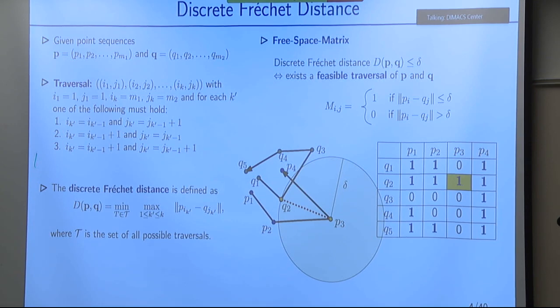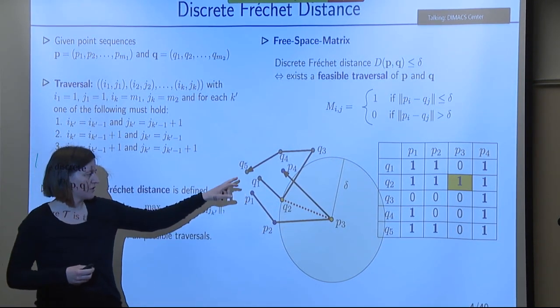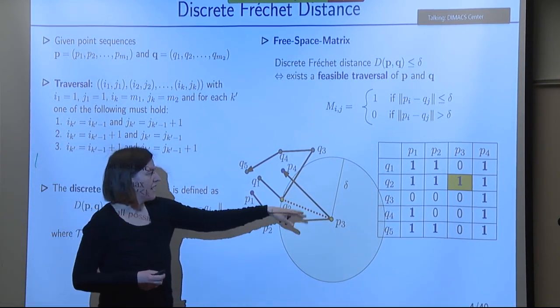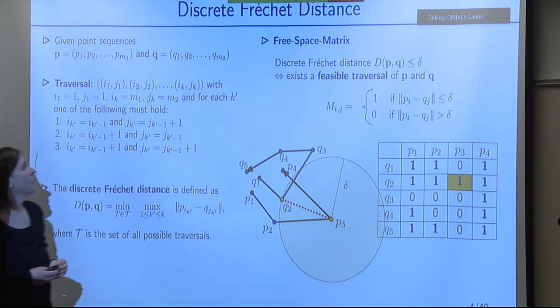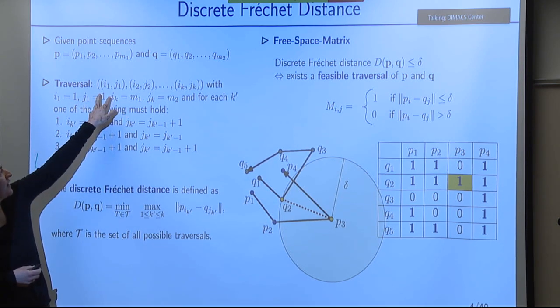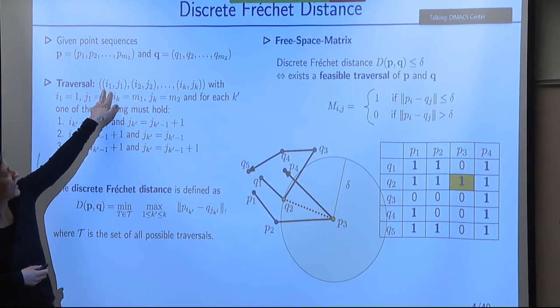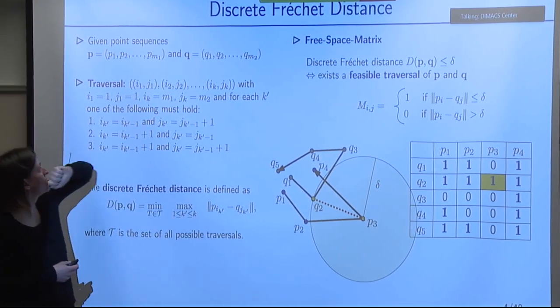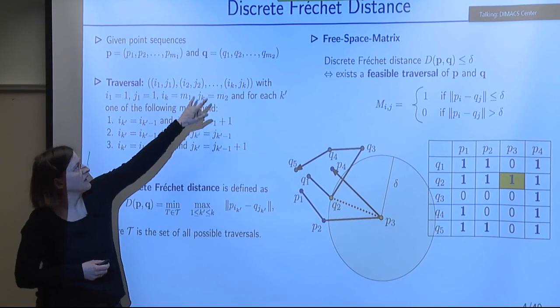Here we're not looking at the continuous curve, but just at point sequences. We're interested in a traversal that has the property that it's a sequence of tuples, and the first tuple has to be (1, 1) and the last one has to be the last.